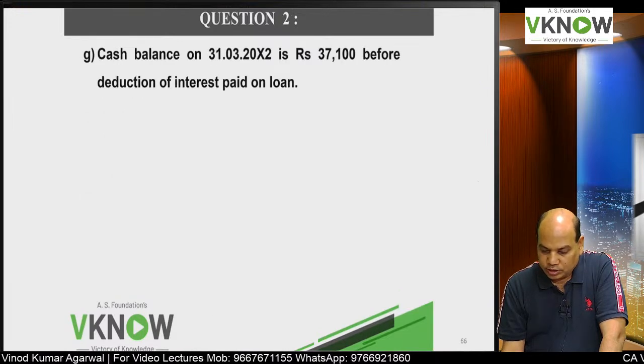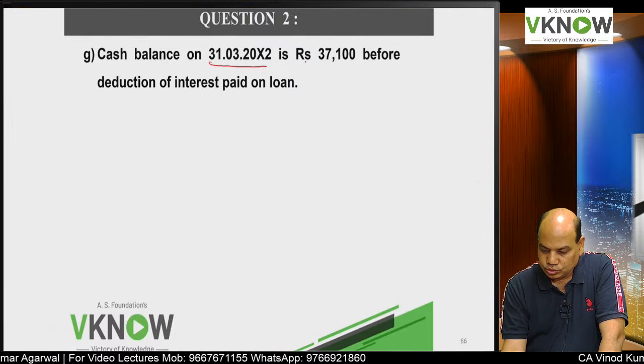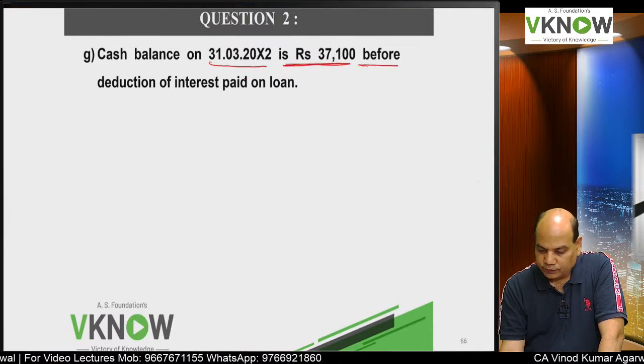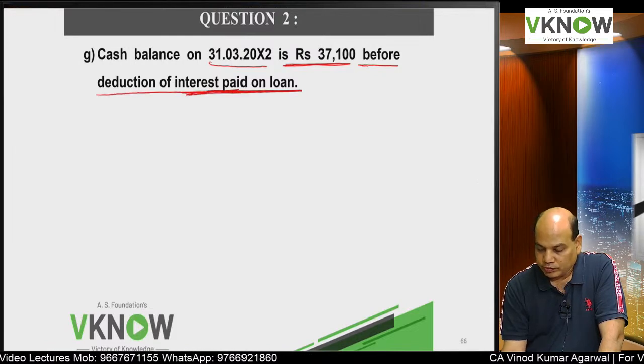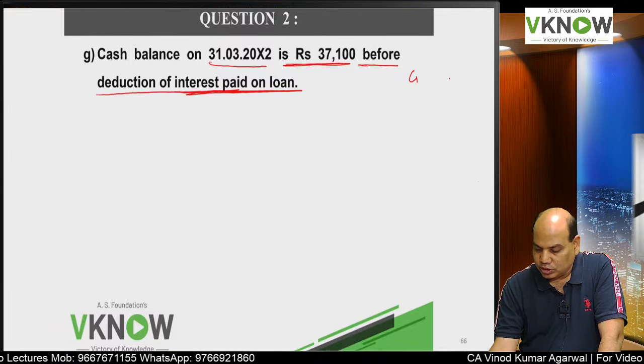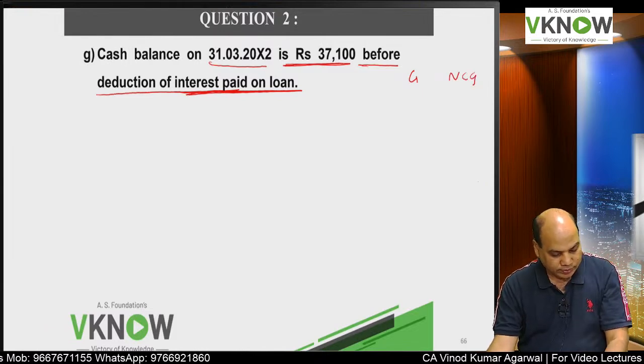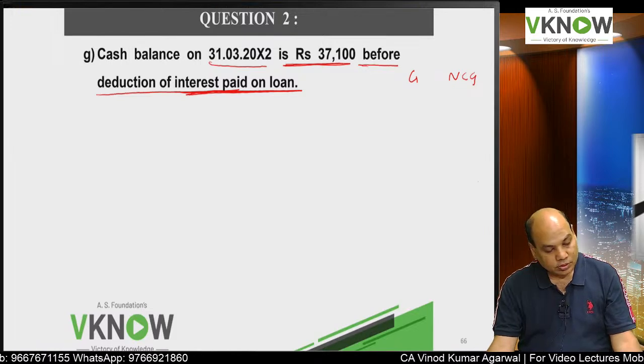Next point, cash balance on 31/3/2002 is 37,100 before deduction of interest paid on loan. So this will be same, going concern, non-going concern. Interest is how much? 3,500.